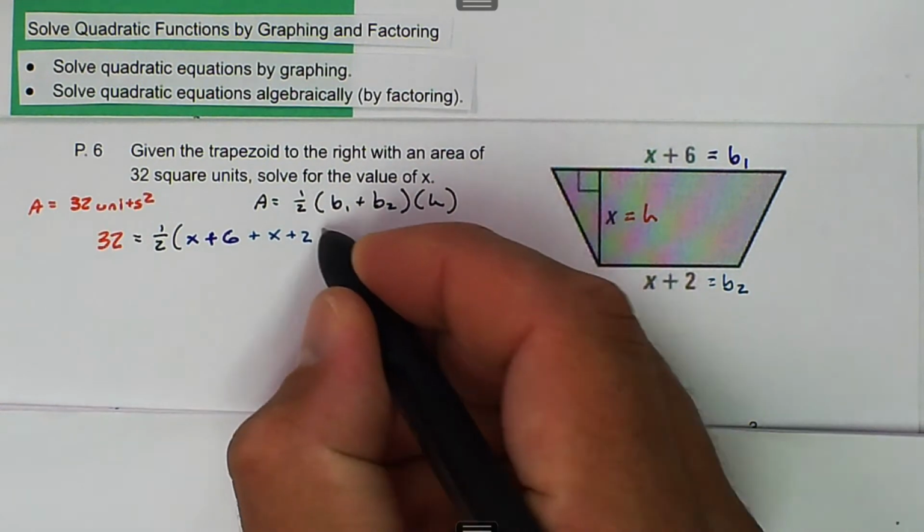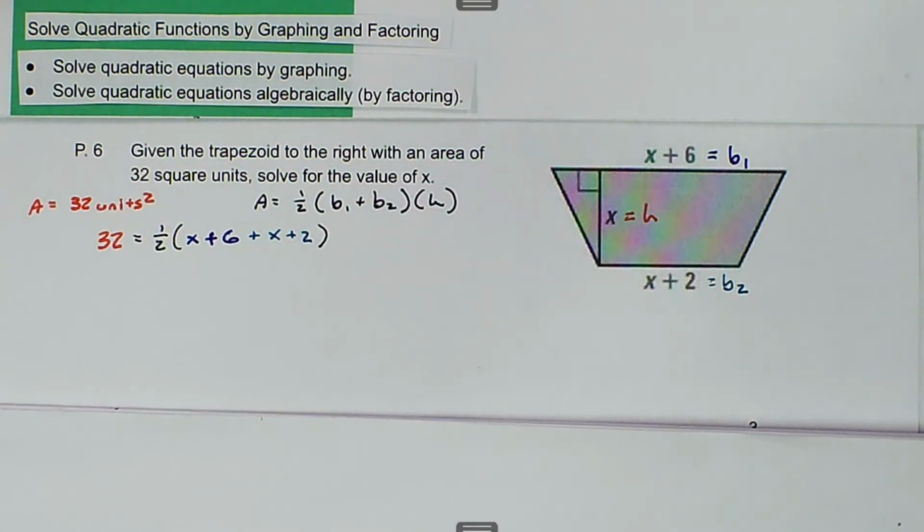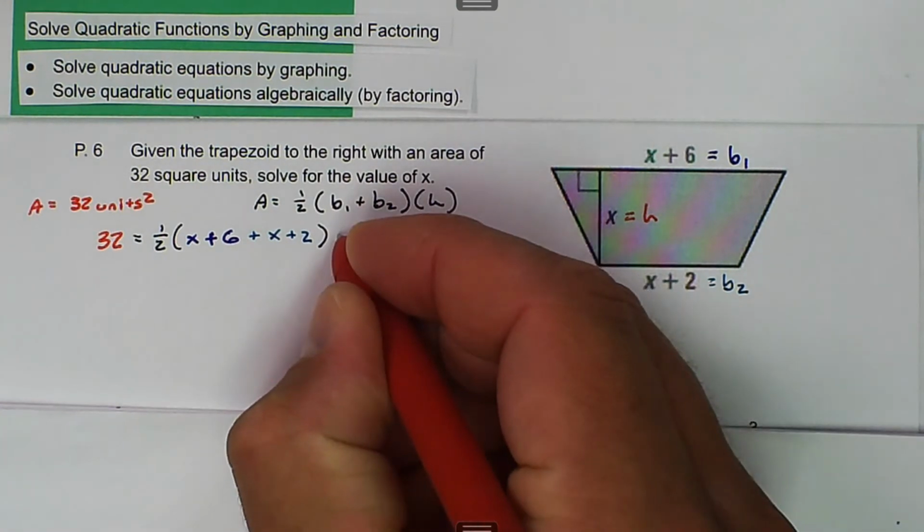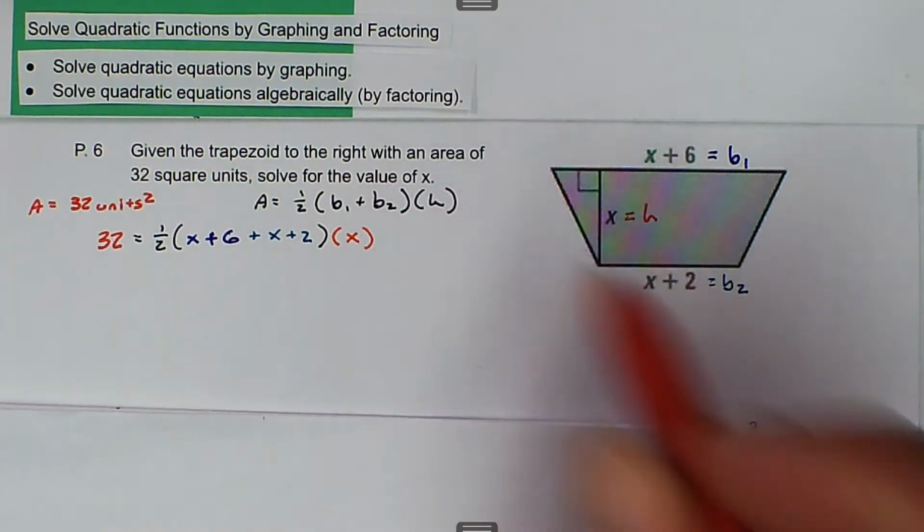And then we're going to take that whole thing and multiply it by h, which in this case is just x.